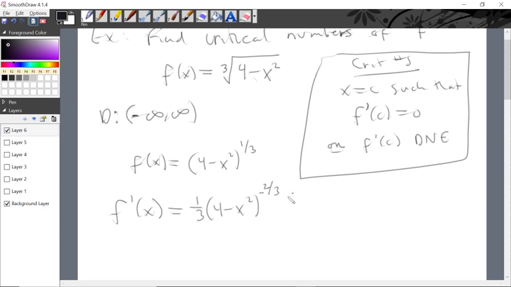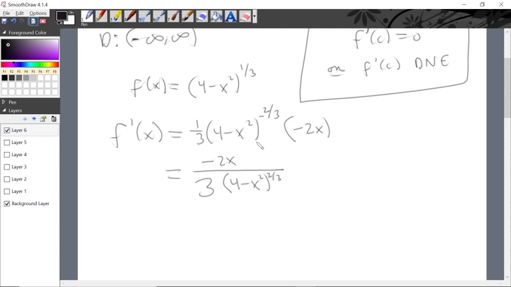Now apply the chain rule, so we're going to multiply this by the derivative of 4 minus x squared, that is negative 2x. If we want to simplify that, clean it up a little bit, what does it look like? Negative 2x over 3 times, I'll leave this at 4 minus x squared to the 2/3 power. There's our f prime of x.